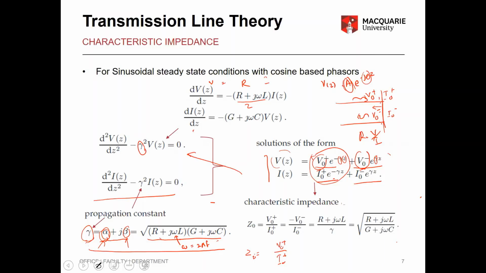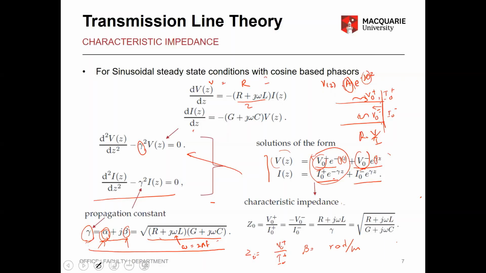The beta tells you the phase constant. That means for a certain length, how much the phase changes. So beta is in radians per meter.